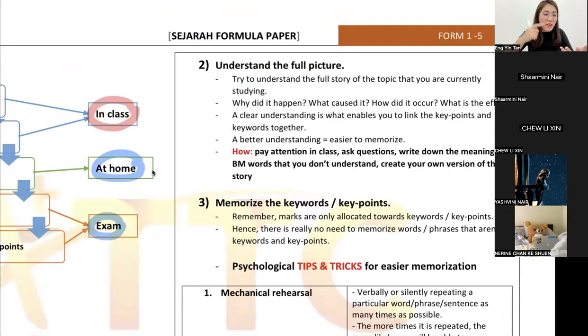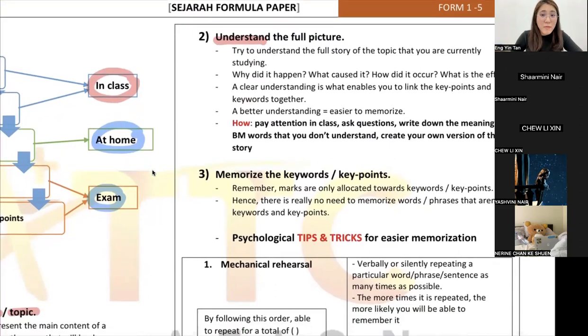Where is the location? When did it happen? The 4W, 1H, how is the process? Just ask yourself and make sure you understand. I always tell you guys, at least understand the full picture. Like you get the idea, you get the concept. And then when you're at home, you need to memorize the keywords and the key points.